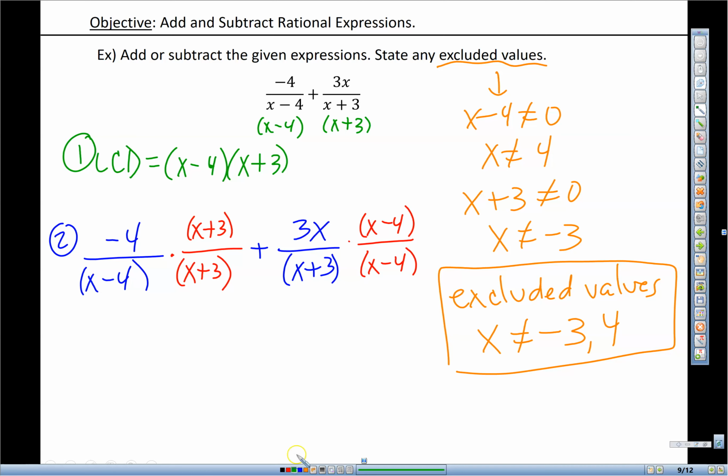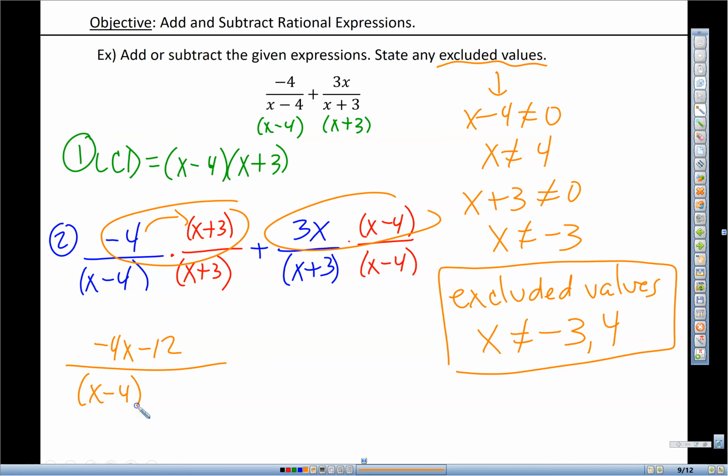So now I'm going to do the multiplication in the numerators. So here I have to distribute negative 4. That's over the LCD, which you could multiply out right now if you want to. Here I have to distribute the 3x over the LCD.